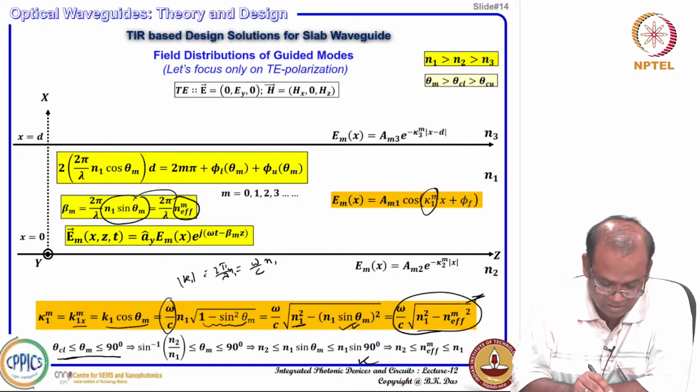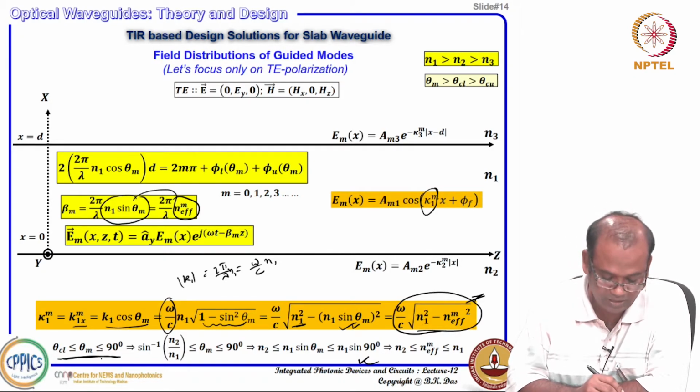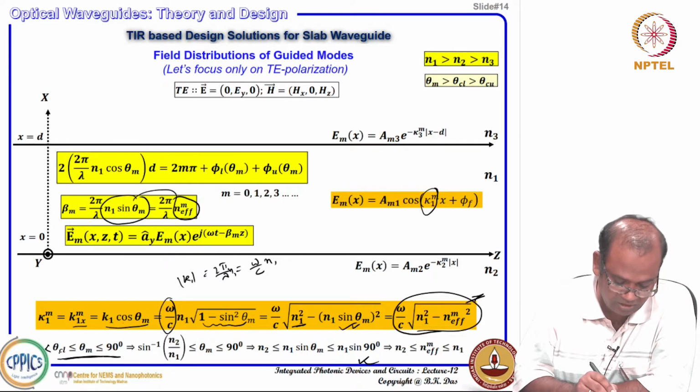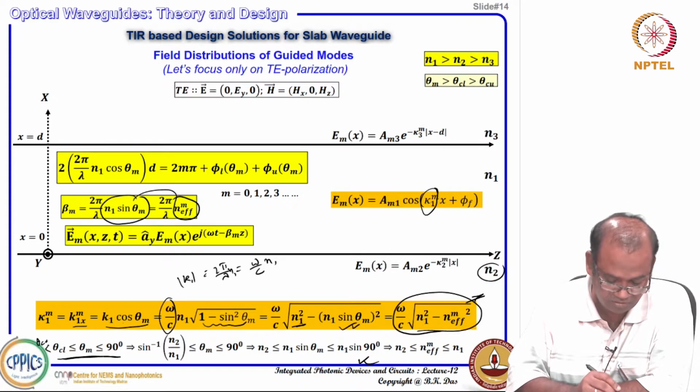I know this is the condition for total internal reflection at both interfaces. So, theta CL is greater than theta CU, because the lower cladding index N2 is higher than N3. So, theta CU is less than theta CL. So, if you just satisfy theta m greater than theta CL, that is sufficient. So, you just concentrate on this one.